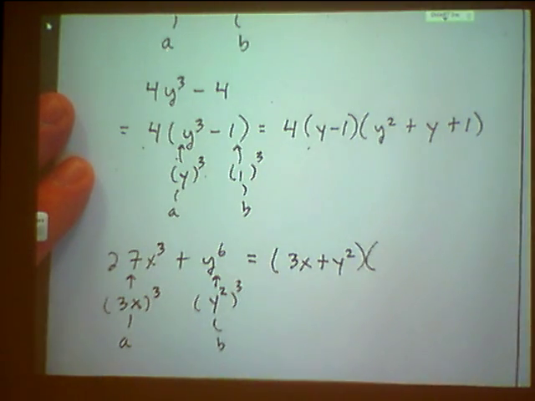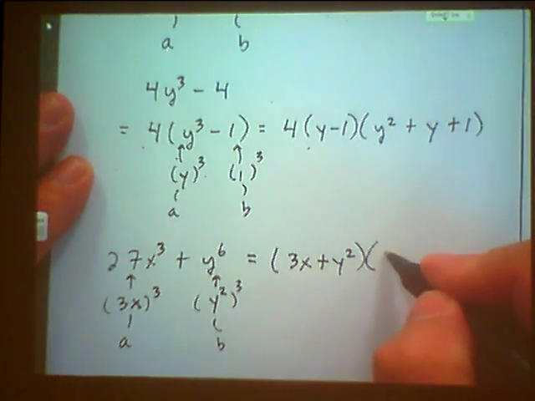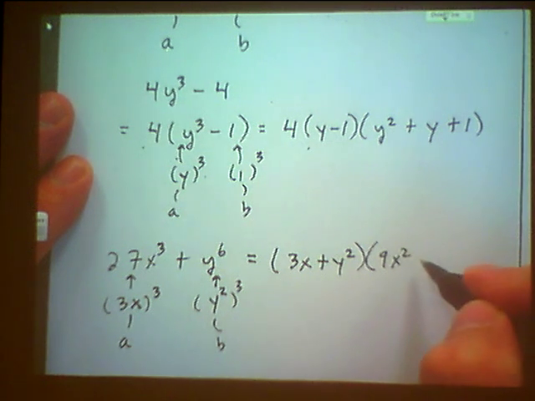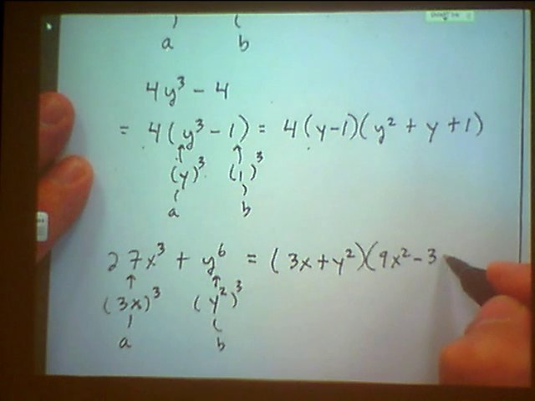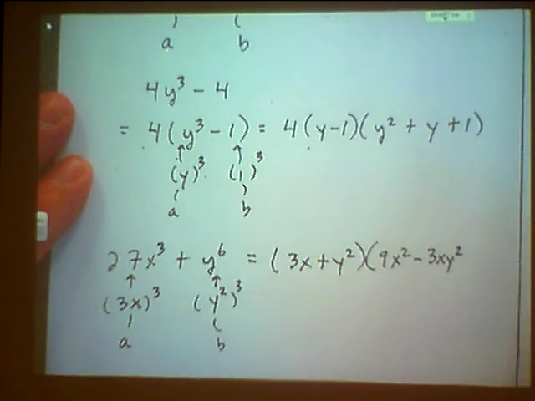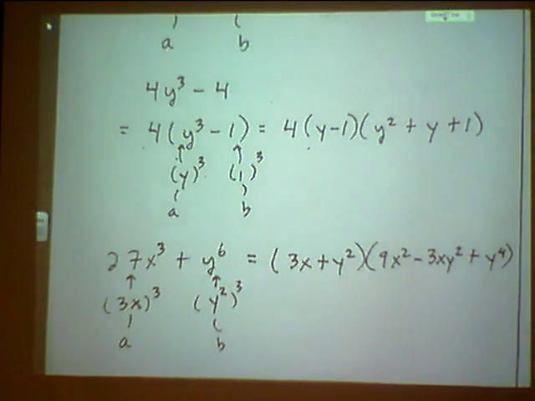Well, that would be 3x squared, so it's 9x squared, minus a times b, 3xy squared, plus b squared. Y squared squared is y to the 4th. All right, so it's a little more complicated, but not really that hard. So those are some examples of sum and difference of cubes.